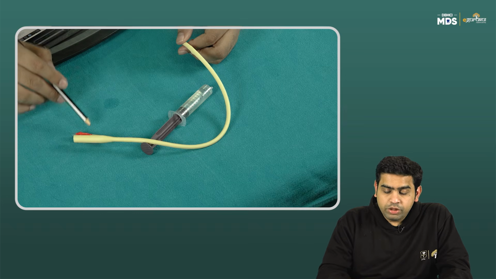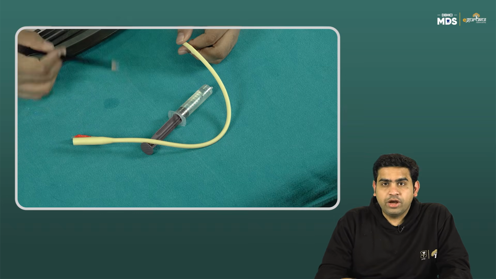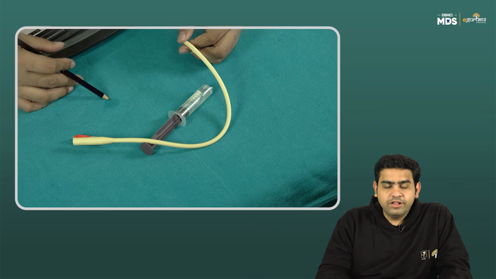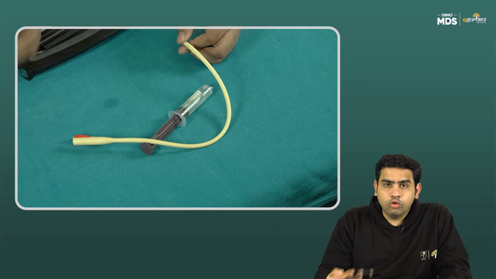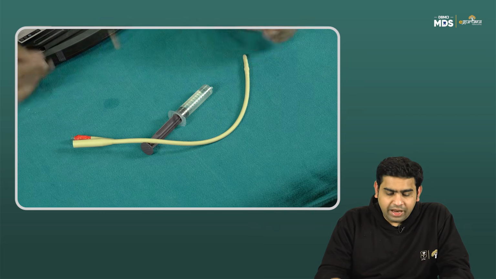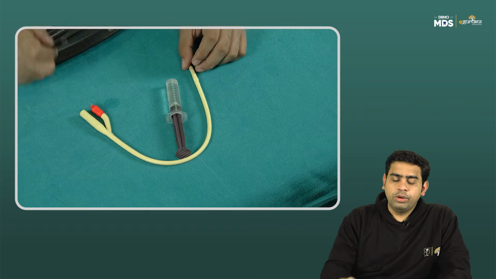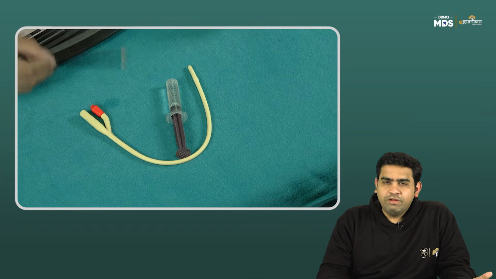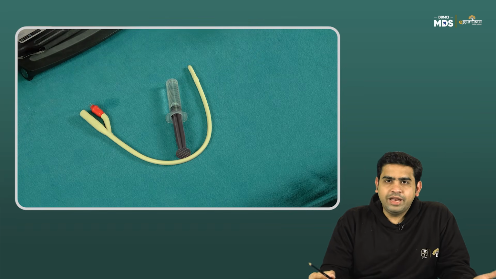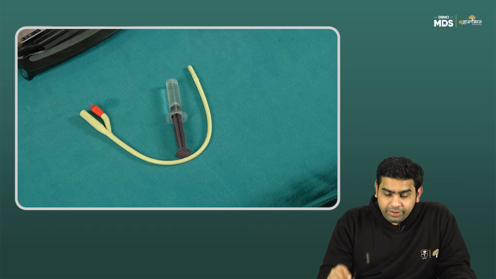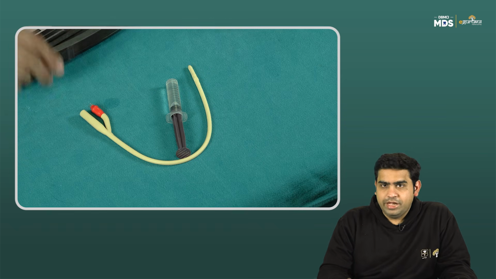So read how much is the capacity of that. In an 8 French catheter, even 3 to 5 ml is more than enough. So please do remember this. It is just a tip so that if you catheterize somebody, you are a bit vigilant about it. For 12, 14, 16, 18 French, 10 ml is the standard. That's fine. But in the pediatric population, you inflate a bit less.